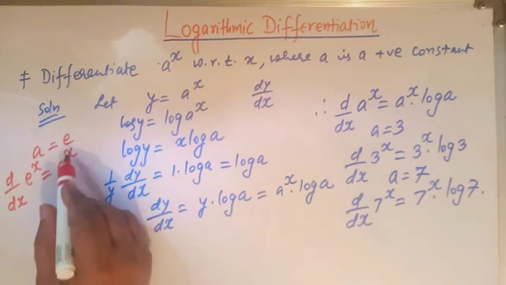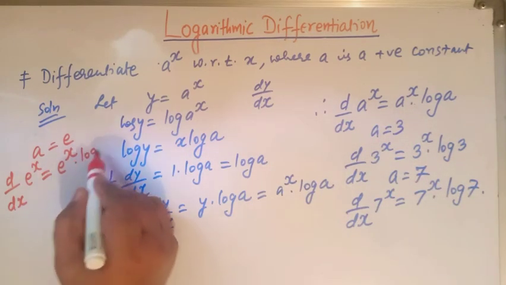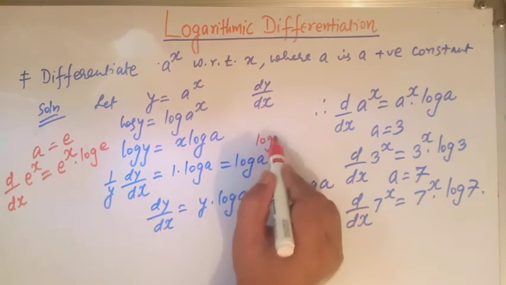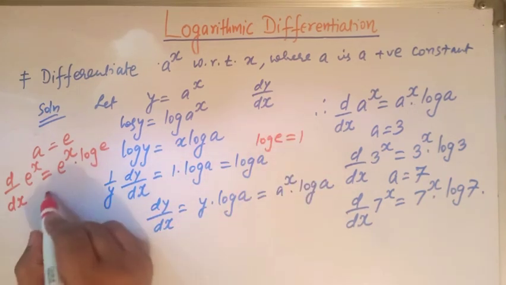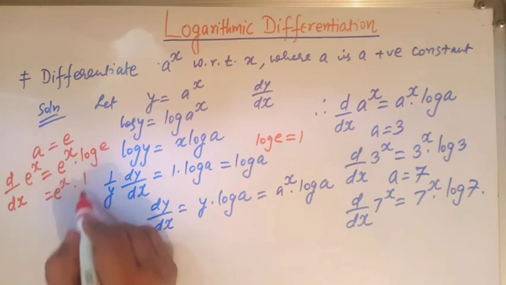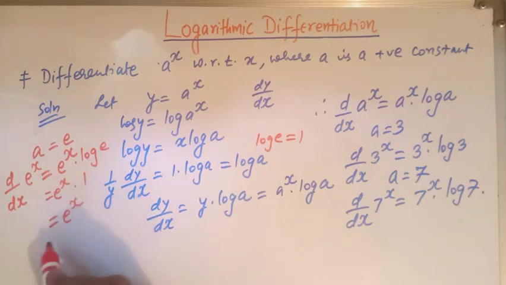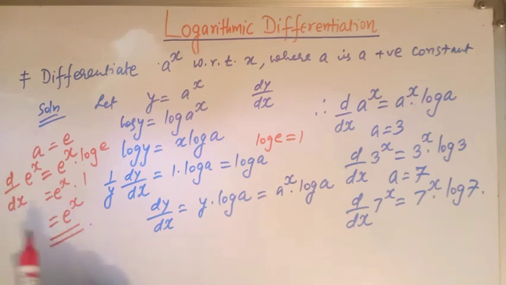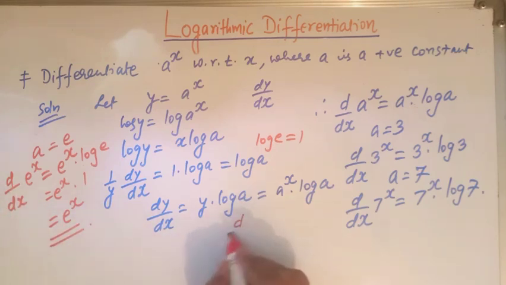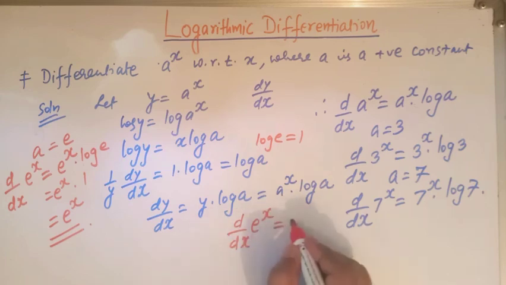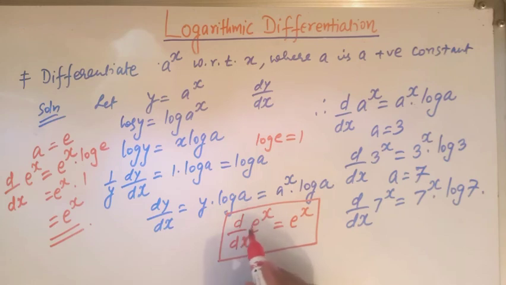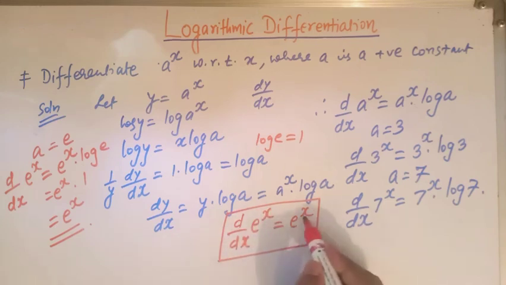And log of e is equal to 1. So therefore this is e raised to x times 1, that is equal to e raised to x. So this is the famous derivative of the exponential function, which is equal to itself, right? So the derivative of e raised to x is e raised to x.